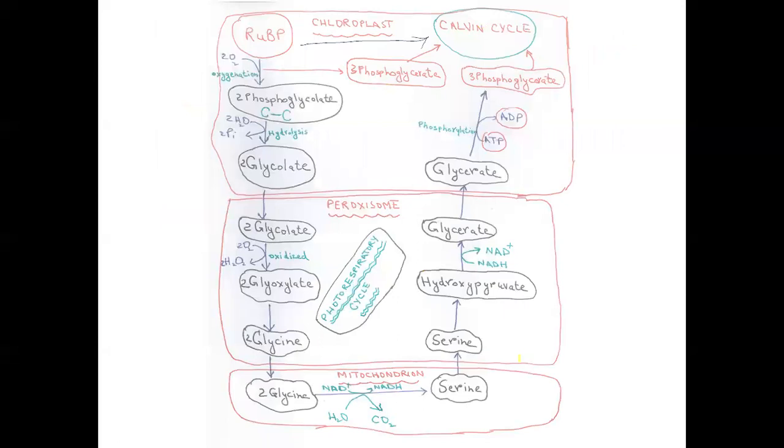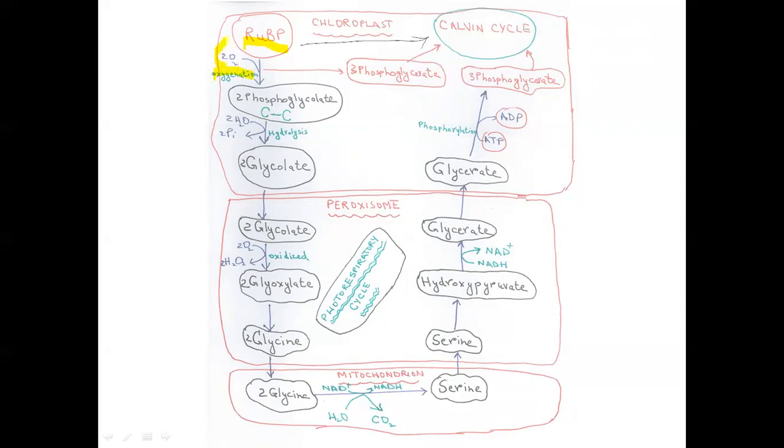So here is the detailed cycle. When there is hot and dry condition, ribulose bisphosphate passes through the oxygenation reaction.